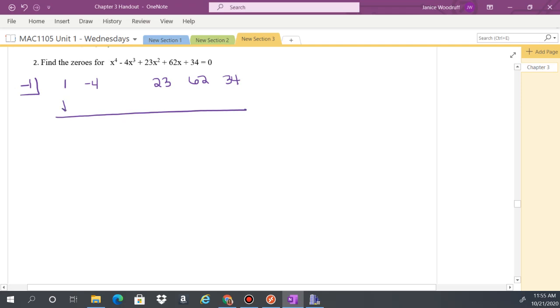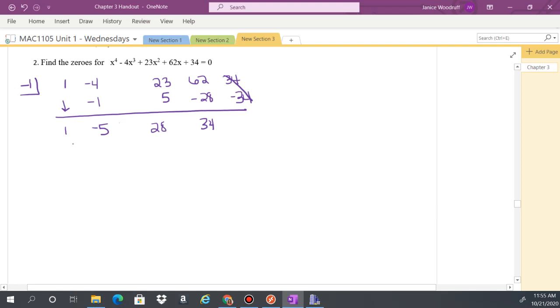Okay, so bring down the 1. 1 times -1, -1. -4 minus 1, -5. -5 times -1, +5. 23 plus 5, 28. 28 times -1, -28. 62 minus 28, 34. 34 times -1, -34. These cancel.